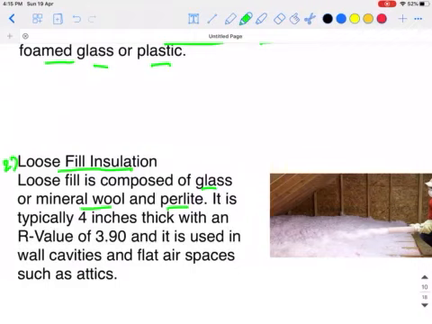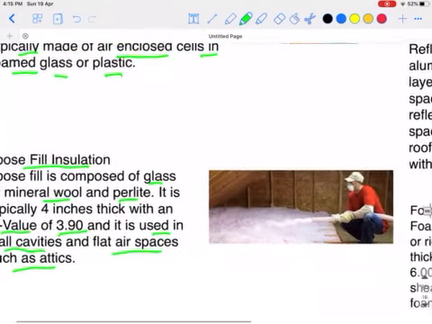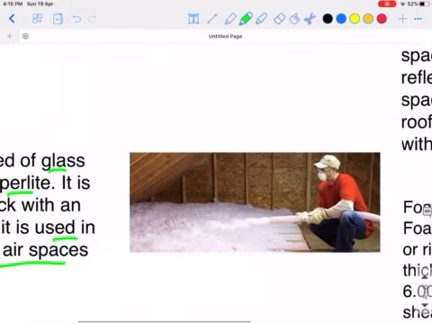It is typically 4 inches thick and R value of 3.90, and it is used in wall cavities and flat air spaces such as attics. In this image, we can see that loose fill insulation is used for a building.